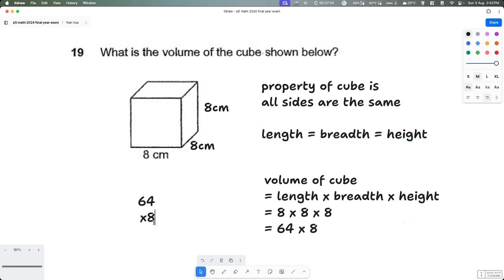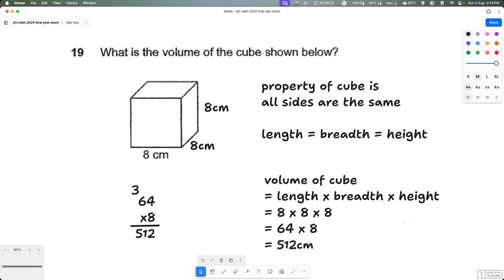We can start with 4 times 8, which gives us 32. So we put 2 here and then put 3 over here. Then 6 times 8 will be 48 and then plus 3, 51. So it's 512. So the answer to this is 512.